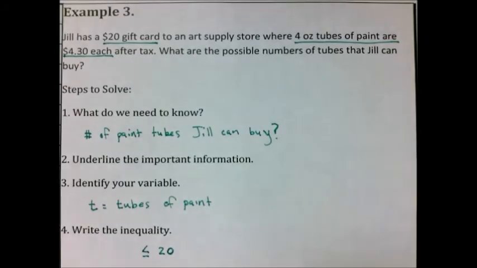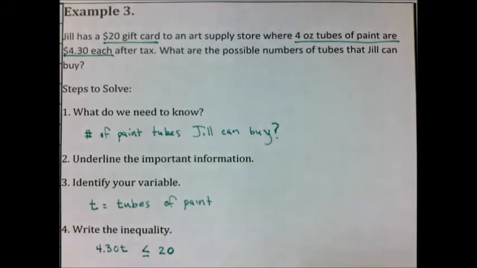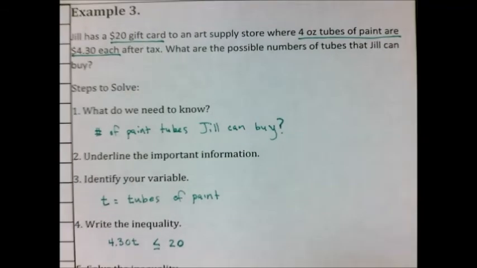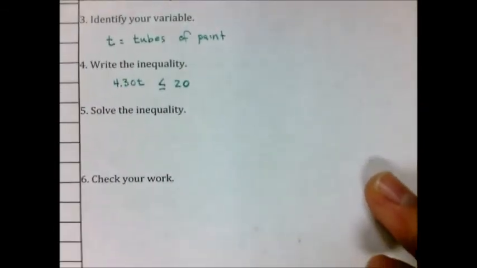But we also know that the tubes cost $4.30 each. So $4.30 times the amount of tubes that she buys is going to be less than or equal to 20.